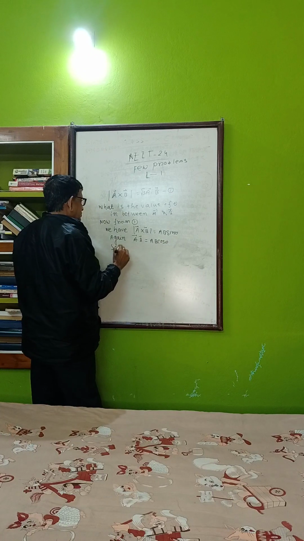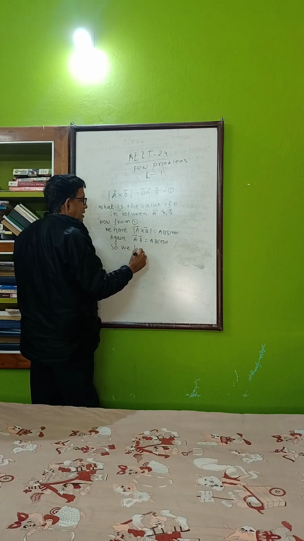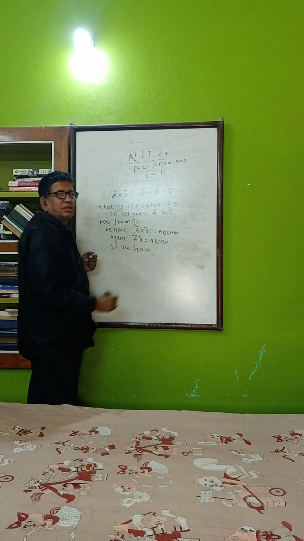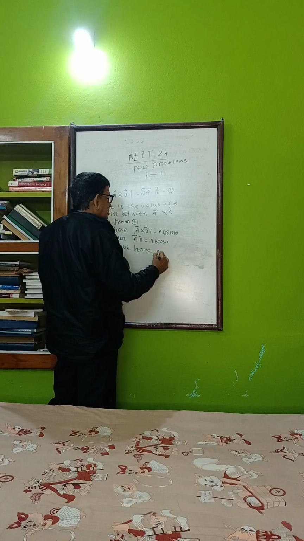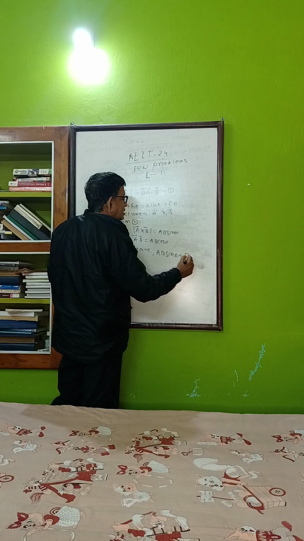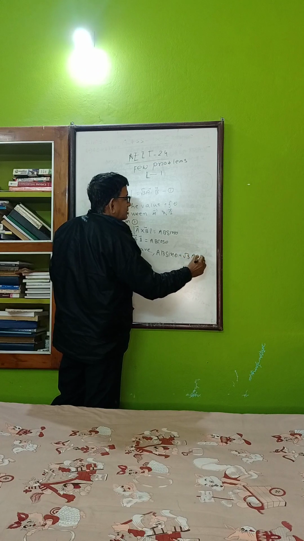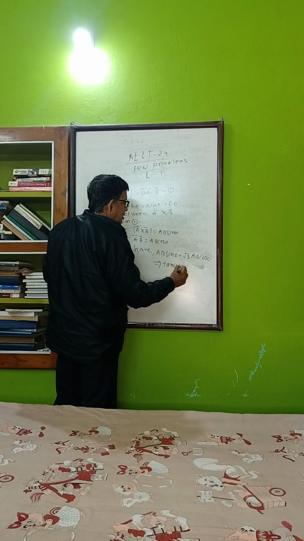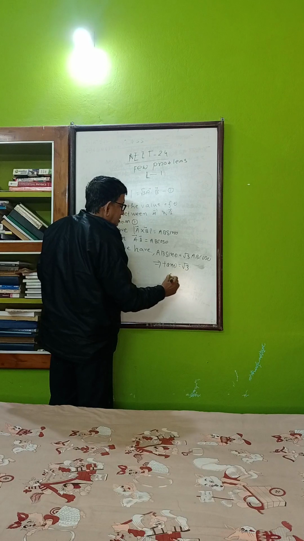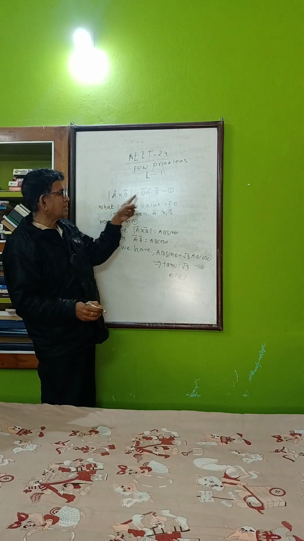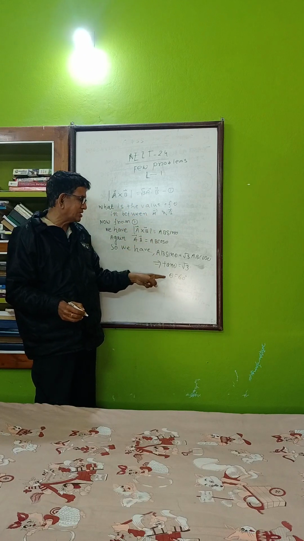So what can we write? We write AB sin theta equal to root 3 AB cos theta. That means tan theta equal to root 3 or theta equal to 60 degree. So it is proved that angle between A and B is 60 degree.